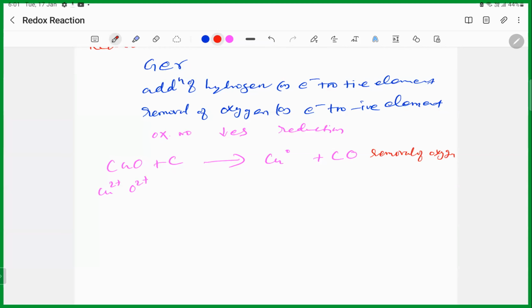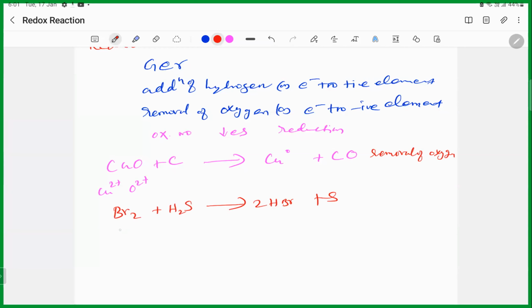If you take the next example, when you have bromine plus hydrogen sulfide, it gives hydrogen bromide plus sulfur. So when you are adding hydrogen, it also causes reduction.